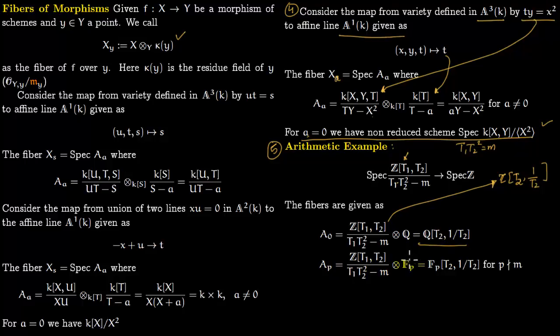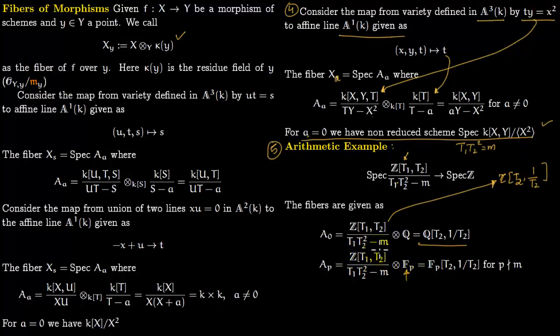At other prime ideals you can localize with respect to prime ideals, but then you also have to mod out with respect to the prime ideals, because here we were just modding out with respect to 0 and you just got the rationals. Here you have to mod out with respect to our prime ideal or prime number p. If you do that, you just get this F_p.